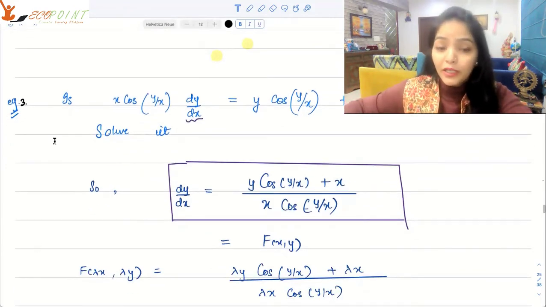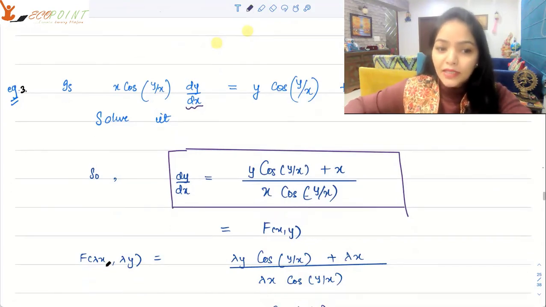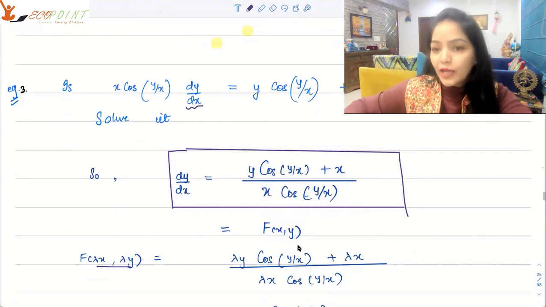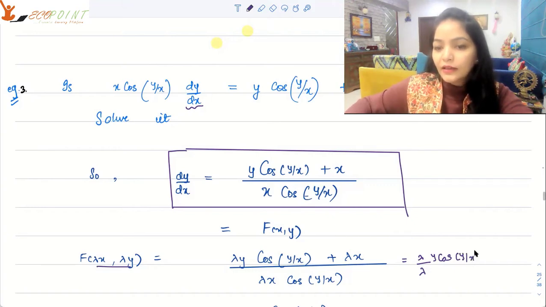If we input, instead of x and y, lambda times x and lambda times y, you notice lambda comes out common. So it is lambda upon lambda, and here you have y cos(y/x) plus x, whole thing upon x times cos(y/x).